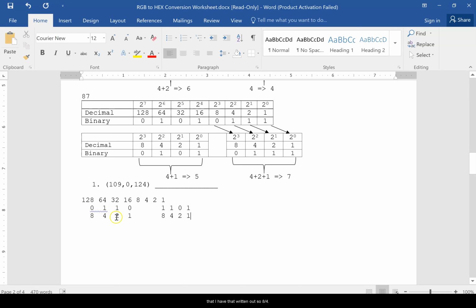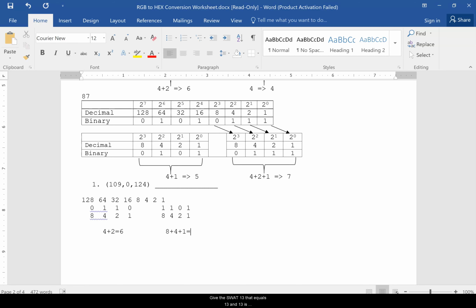So the 4 and the 2 are, so we got 4 plus 2, and that equals 6, and then we've got 8 plus 4 plus 1, which gives us 13.